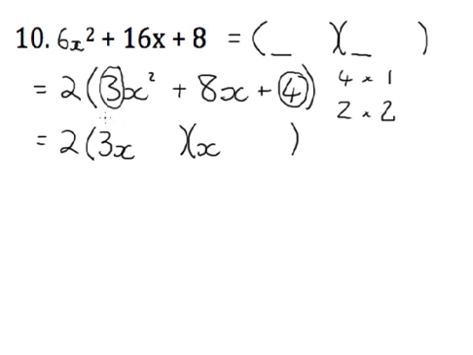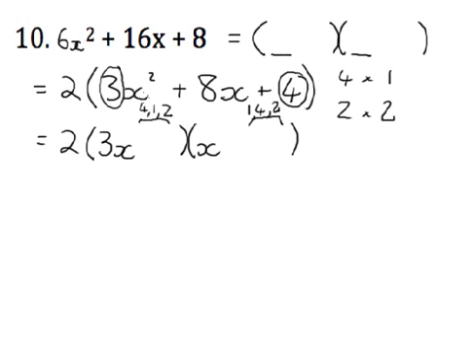So in the second part of the brackets here, I could have a 4, which would give me a 1 over here, a 1, which would give me a 4 over here, or a 2, which would give me a 2 over here. So I've got 3 different pairs that could work. So let's go through and see.